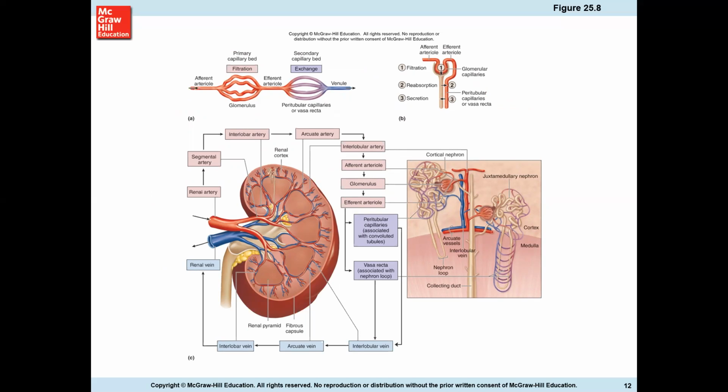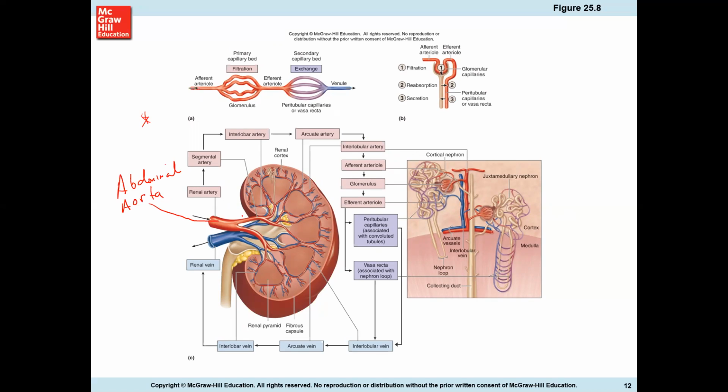Now, these are the blood flow, and you have to know this. We started talking about this before. So let's start from the beginning. So abdominal aorta, right? Or descending aorta, same thing, it's below the diaphragm, that you remember. Oxygenated blood going to the renal artery.